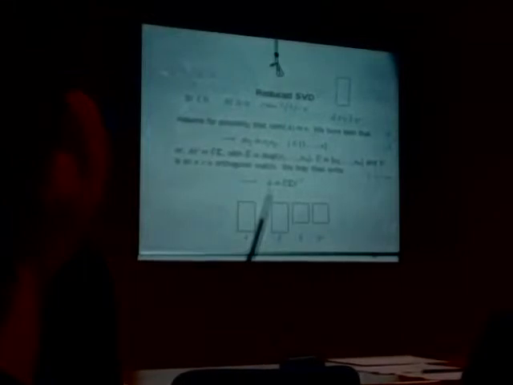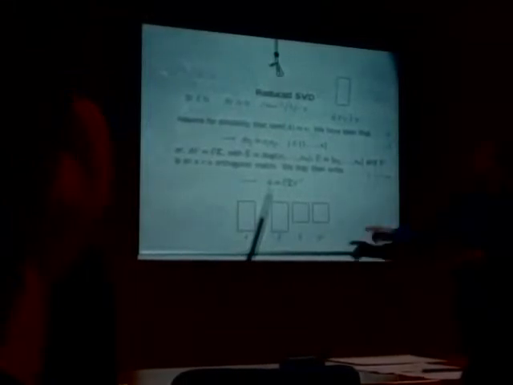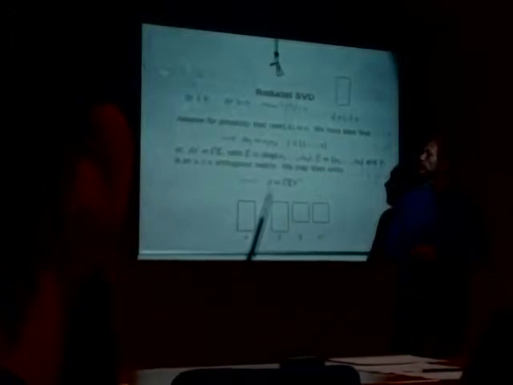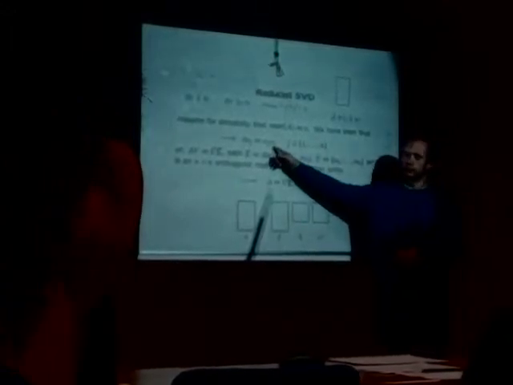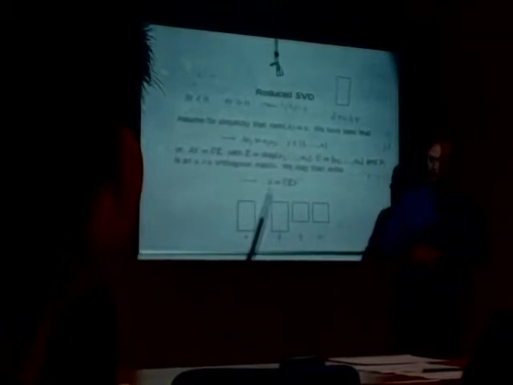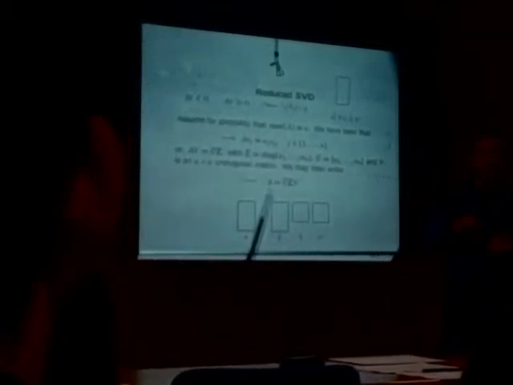You can write A as the product of 3 matrices. The first matrix, U, has as its columns these orthonormal vectors. So the columns of U are orthonormal, and they are obtained by collecting the semi-axes of the hyperellipse.